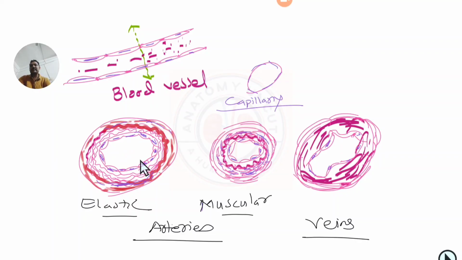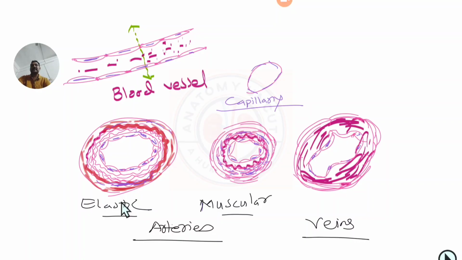A very large blood vessel could be there, a medium sized blood vessel, a vein with a different kind of covering, and a very small thin walled structure with only a single lining. The thinnest of the blood vessels are known as capillaries. The largest of them are elastic arteries and the large are veins. So you may have any of these architectures of the blood vessel, but these are the basic things.